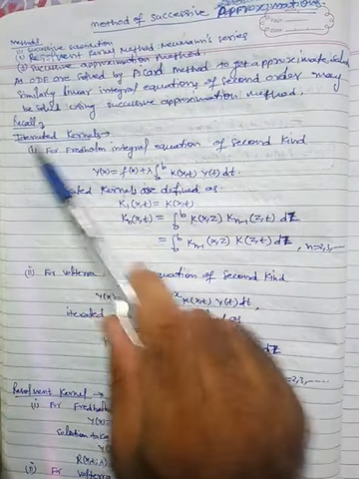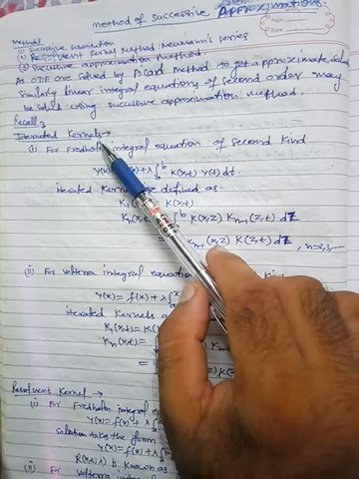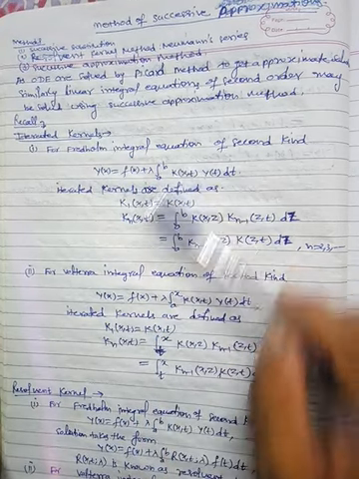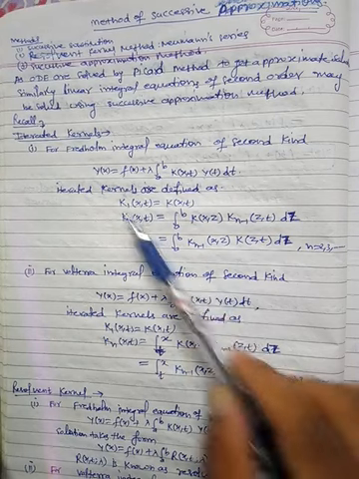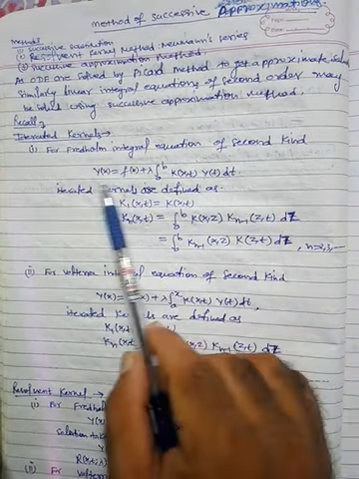First recall iterated kernels. Since we have two types of equations, one is the Fredholm integral equation, another is the Volterra integral equation. Now for the Fredholm integral equation of second kind, this is the equation.